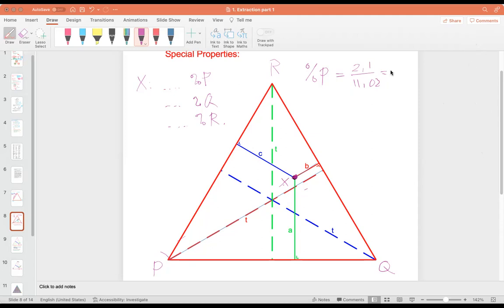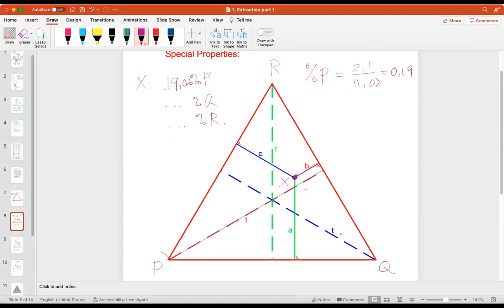Yeah, thank you. So the percentage of P is around 19%, let's say 19.6%. Okay, so this tells you that P is this one.